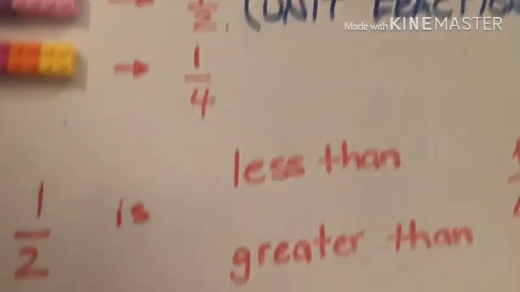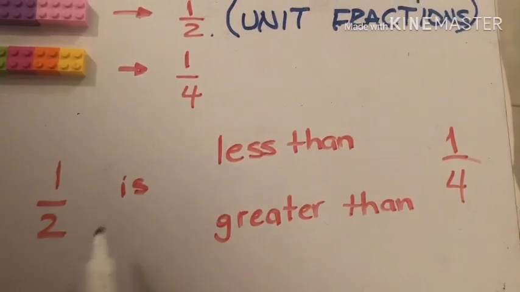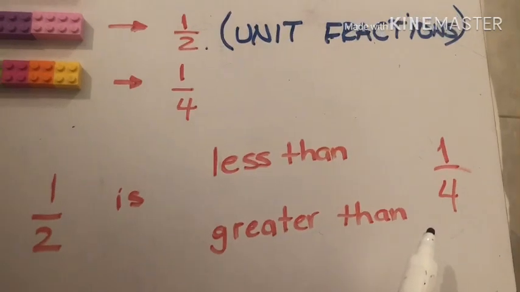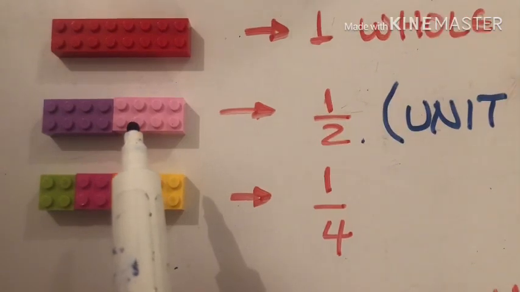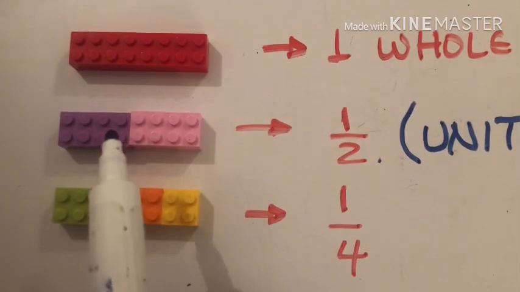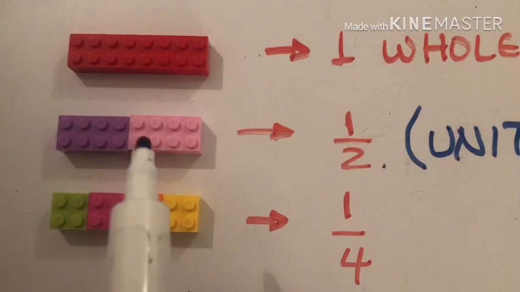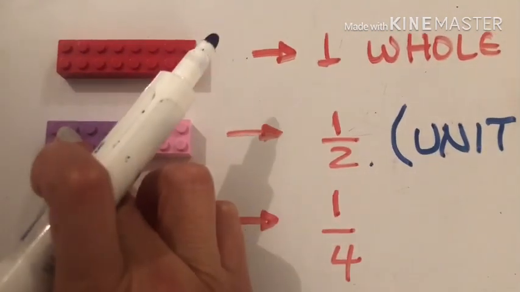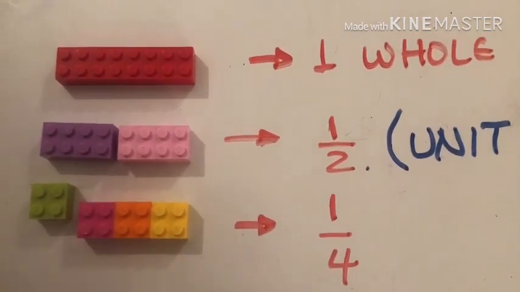Let's check this out. I want you to help me figure this out. 1/2 is less than or greater than 1/4? Let's take a look. 1/2, is it bigger or smaller than 1/4? Look at the size of this. Of course it's bigger, because one piece of this is way bigger than one piece of this.